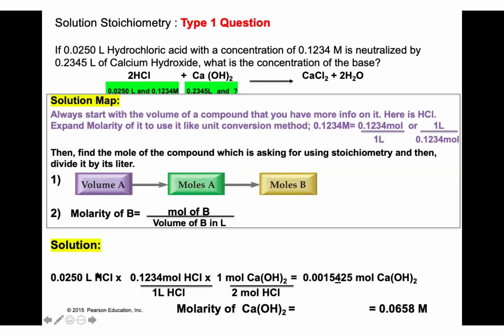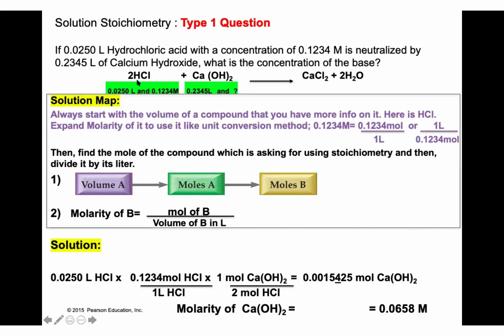So I start with what I said, the volume of HCl. Which of these should I put here, guys? The left one or the right one? I should use the left one because it should cancel out with the previous denominator. Then I get the moles of HCl.